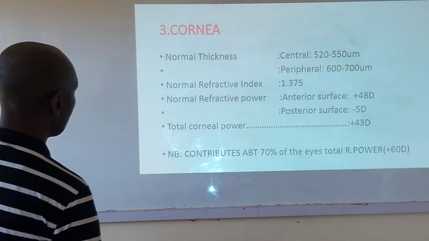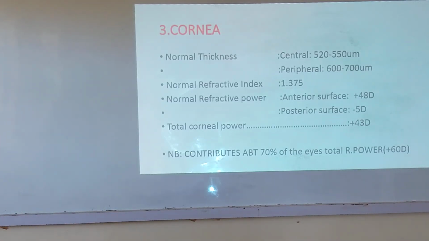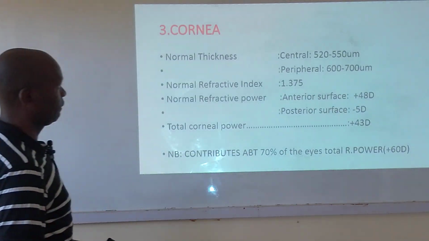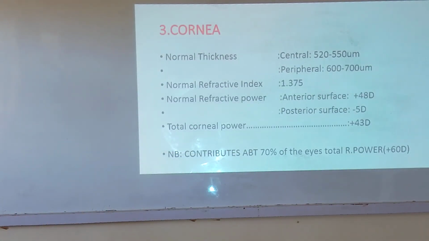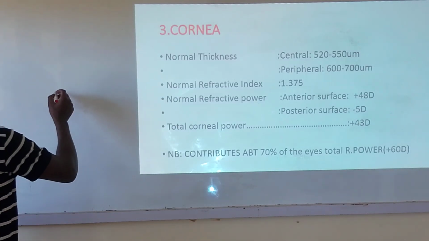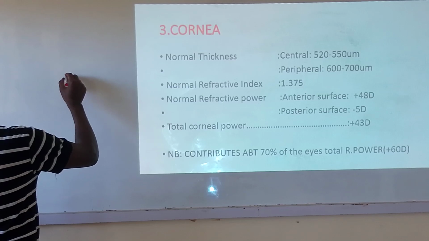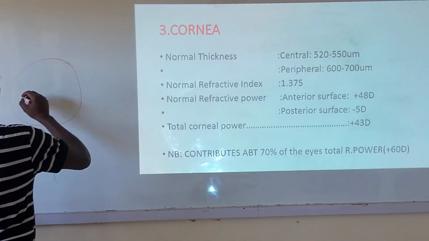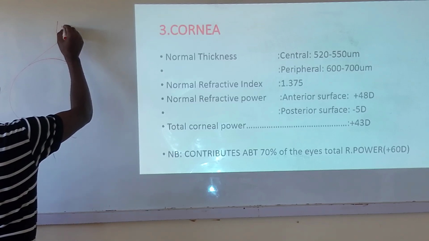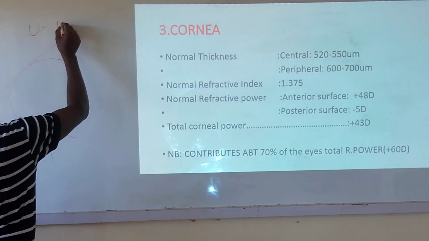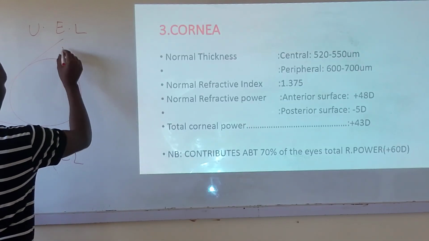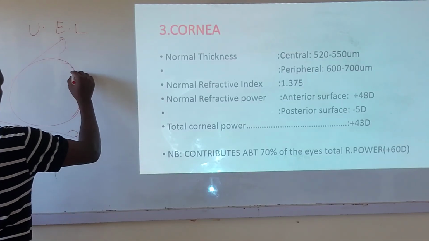So these are the measurements of the cornea we had already mentioned. The central thickness is about 520 to 550 micrometers. And then as you move to the periphery, if I may draw the eye again here, this is the upper eyelid, and this is the lower eyelid, and this is your cornea here.